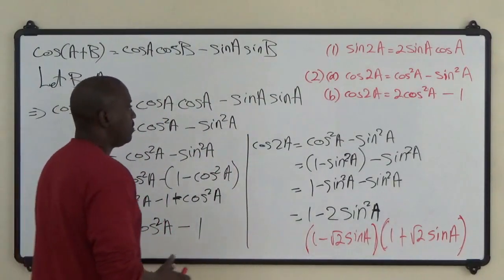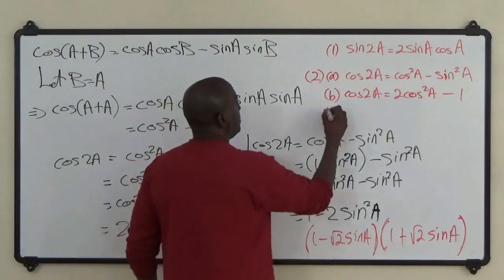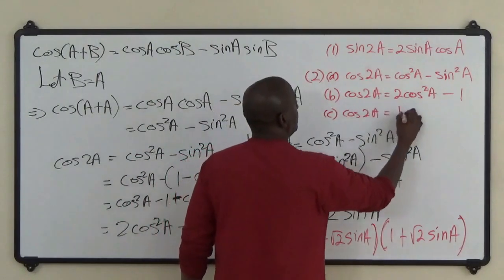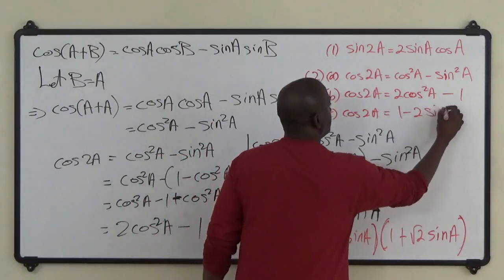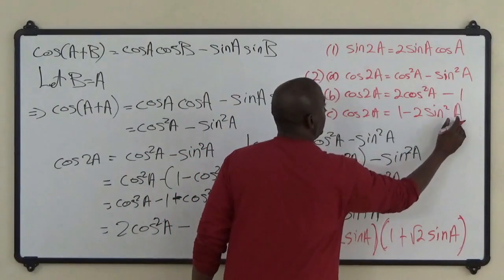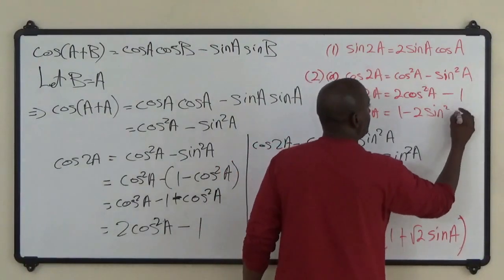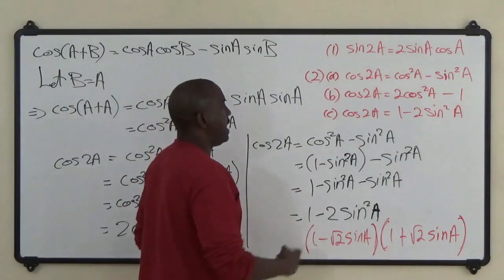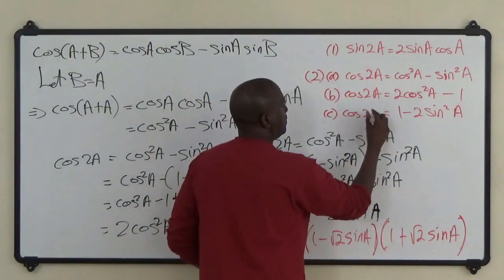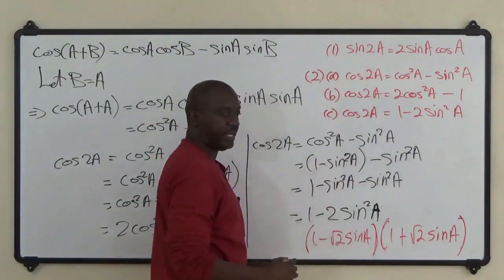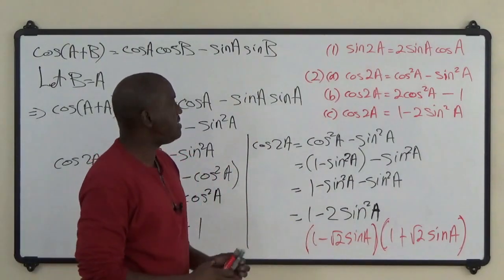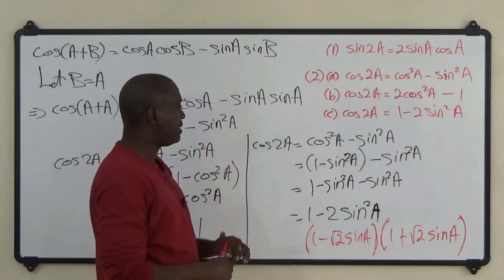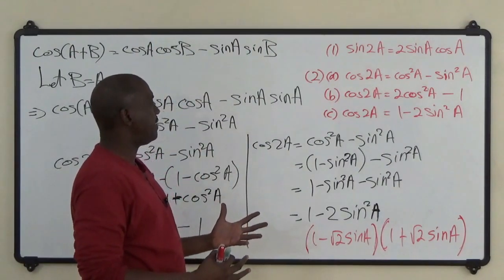All right? So the third form of cosine 2a then would be that cosine of 2a is equal to 1 minus 2 sine squared a. So you have to be able to derive these things. And in the course of this video, it is my hope that by seeing the process, you understand that you don't have to cram these things necessarily.